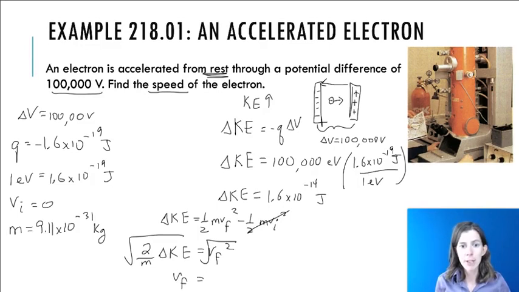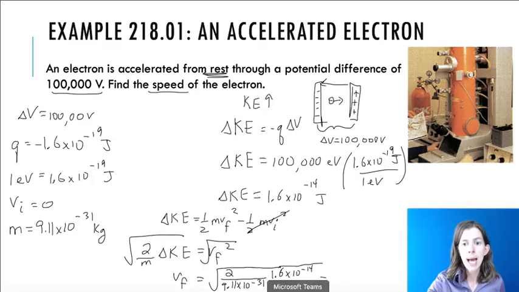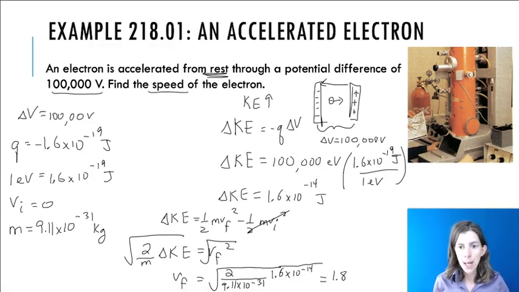So v f equals the square root of 2 over m, let's plug that mass in, 9.11 times 10 to the negative 31, and then multiply it by the change in kinetic energy, which we had right here, 1.6 times 10 to the negative 14 joules. Everything is in standard units, so we will get meters per second, and we end up with 1.88 times 10 to the 8 meters per second.